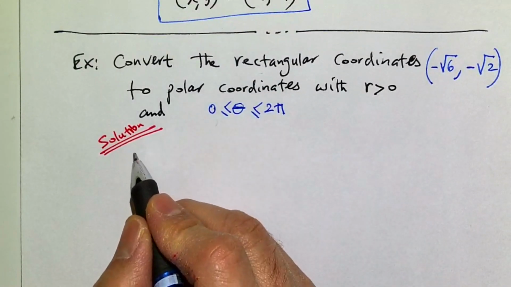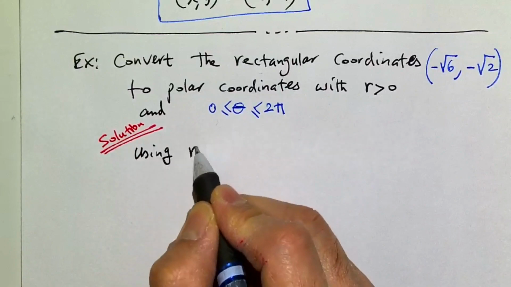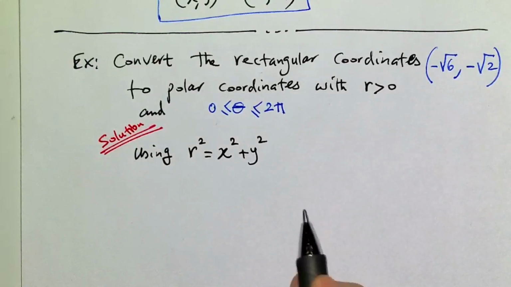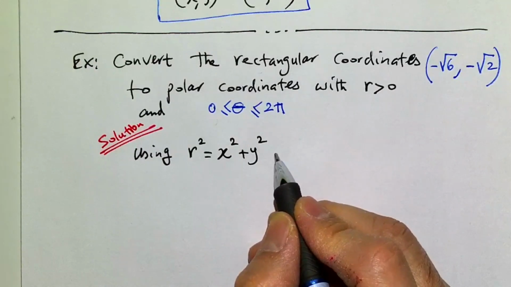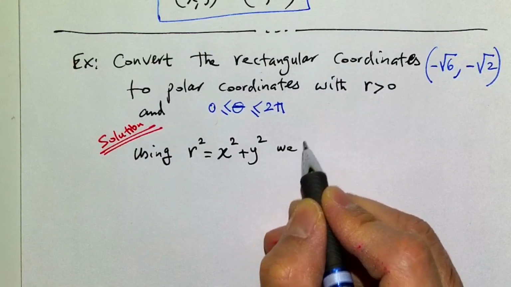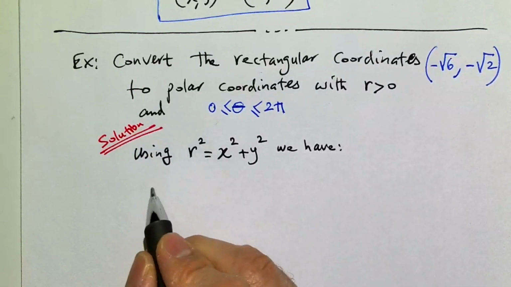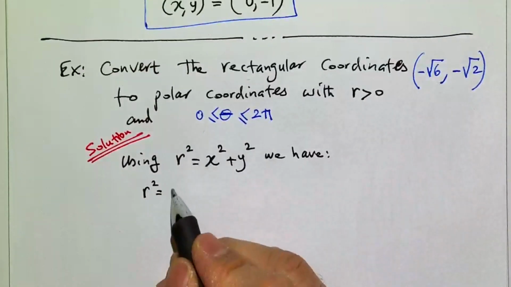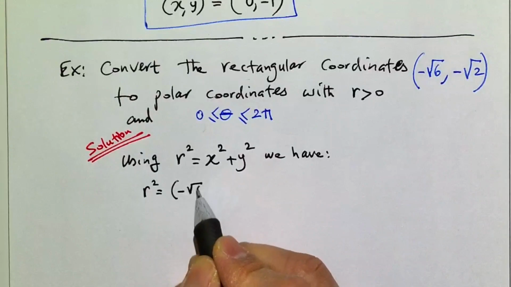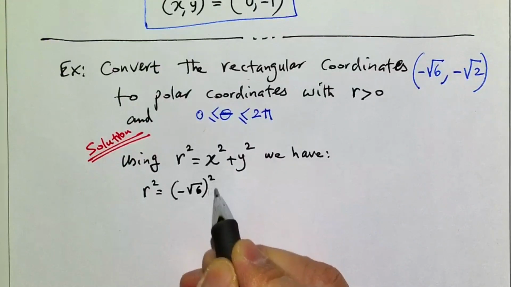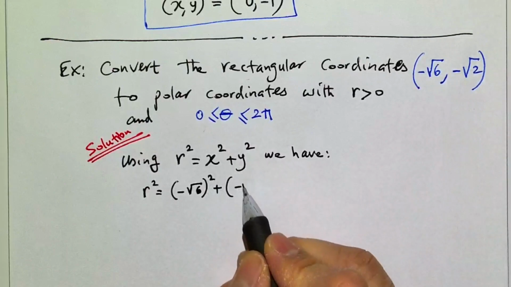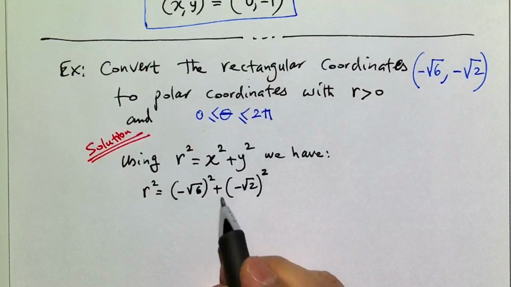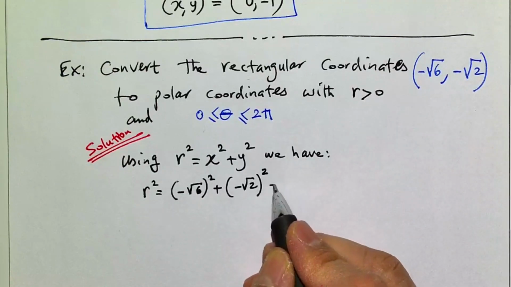R squared. So using r squared equals x squared plus y squared, then we have r squared is, so x squared is that, minus square root of 6 squared plus y squared, which is minus square root of 2 squared. Okay, so this is 6 plus positive 2, we get 8, right?